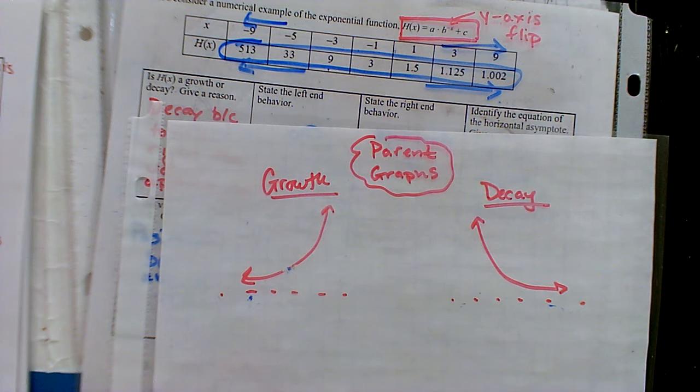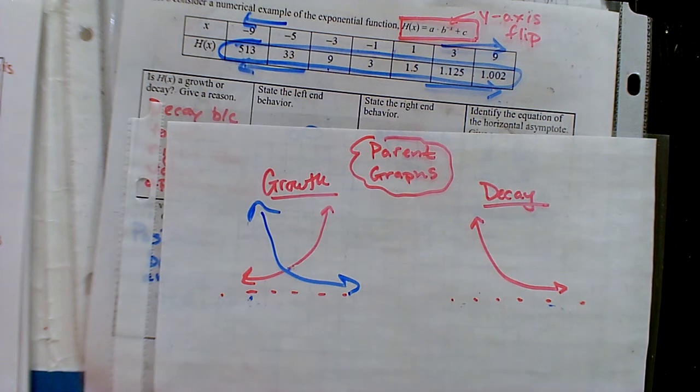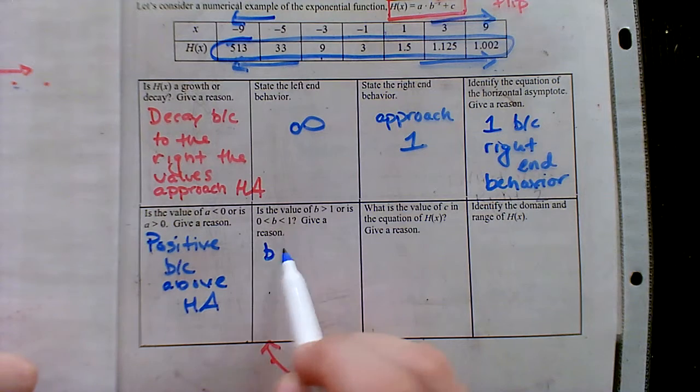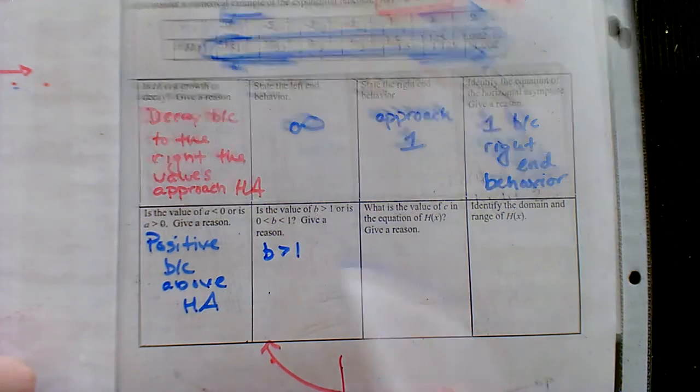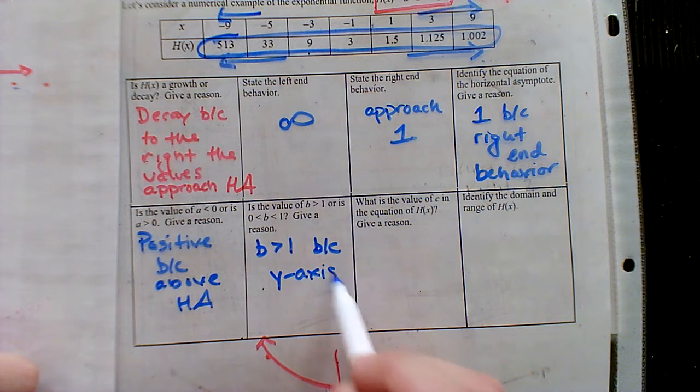Did we start with growth and flip it left and right, or did we start with decay and flip it left and right? Growth, yep, because if we flip it, it'll match the graph we have for this problem. So if we started with growth, the b value must be bigger than 1. And for this example, we'll say because of the y-axis flip we had to apply.